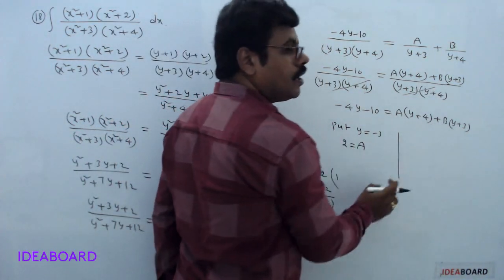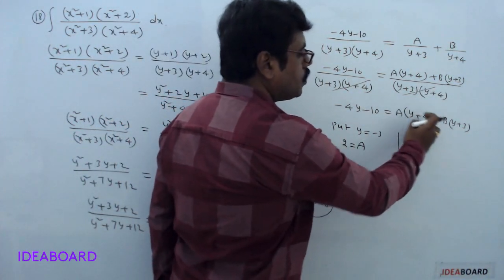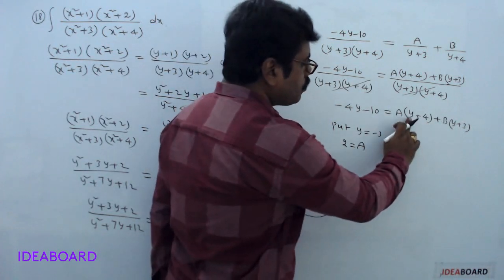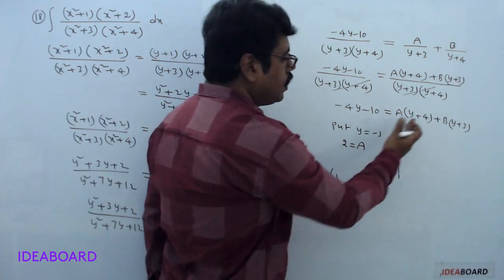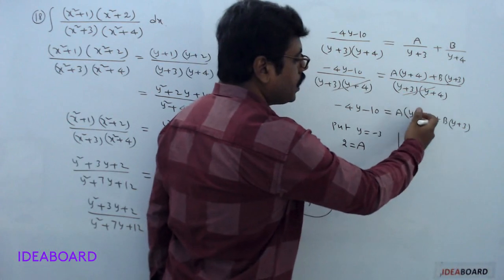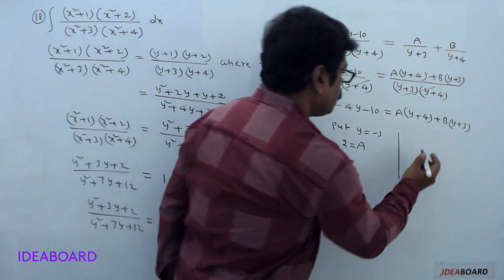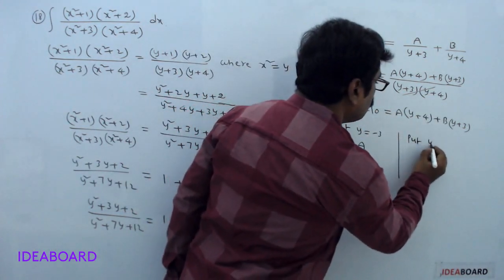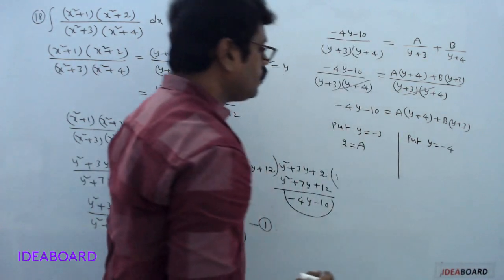To find the value of b, make the first term 0. If you substitute y equals minus 4, then automatically it will be 0. So substitute y equals minus 4.